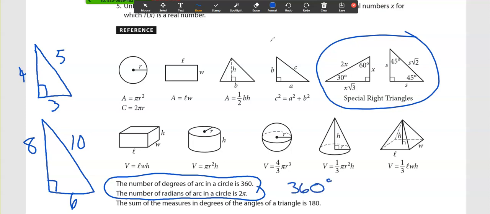360 degrees, which is what you guys typically think of breaking a circle up into little pieces, is the same thing as 2 pi radians. Now, why do I bring this up? Because you will see occasionally questions that involve radians.